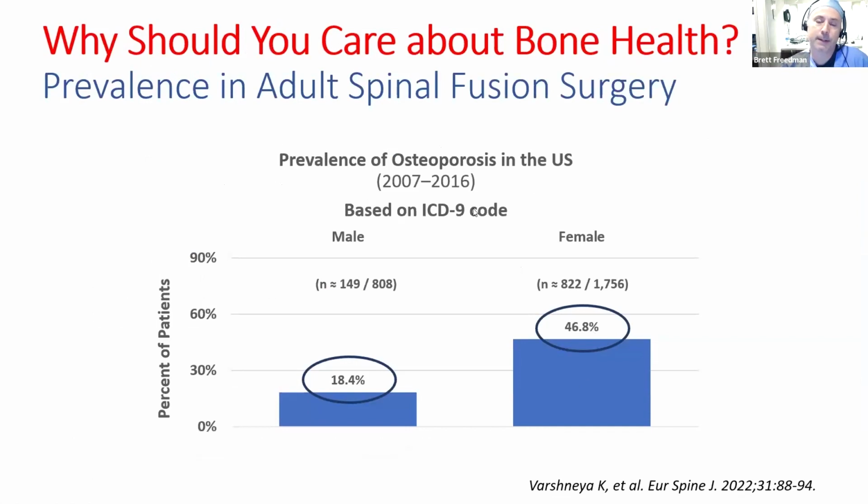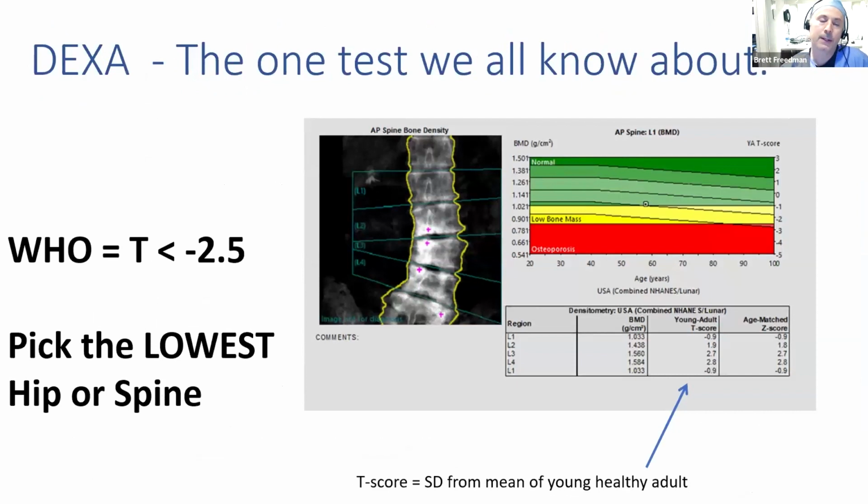This is another study looking at a large number of patients undergoing adult spinal fusion surgery. 50% of women, 20% of men had osteoporosis within that subset. So very, very prevalent in the patients we're treating. We all, I think, are aware of the DEXA scan, and certainly this is a tool.